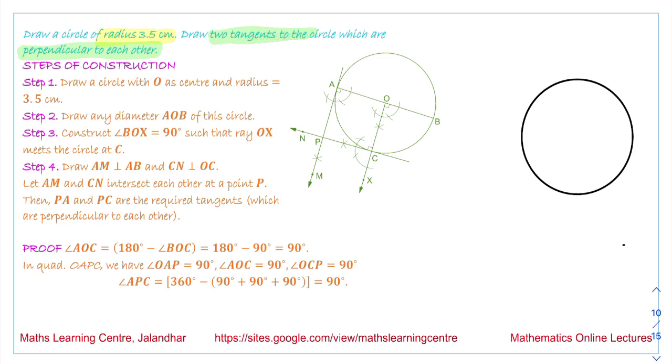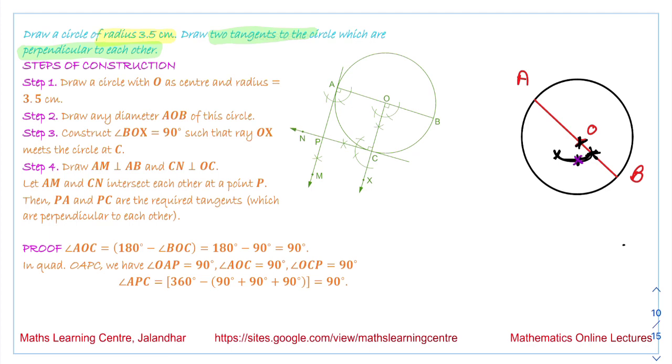So suppose this is the diameter of the circle, this is the center O, and these are the endpoints A and B. At O we draw an angle of 90 degrees to AB. To draw the angle of 90 degrees, we keep the compass at point O and mark an arc over here. Then we keep the compass at this point and mark an arc.